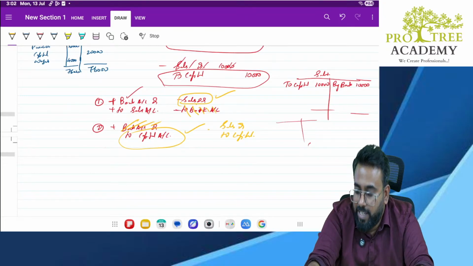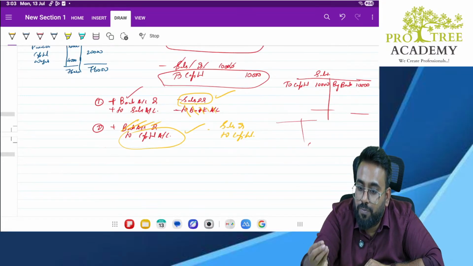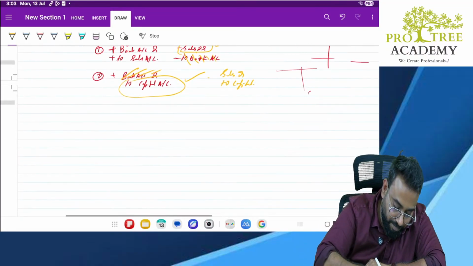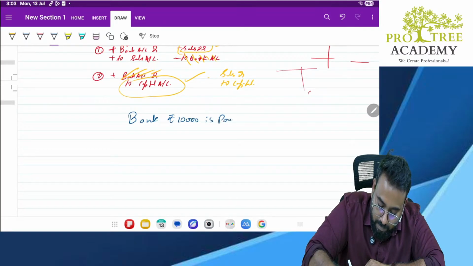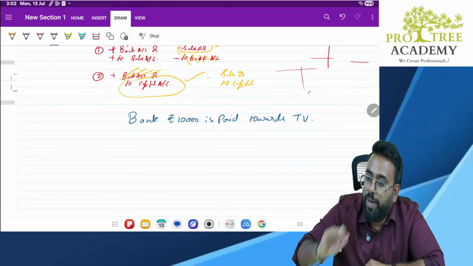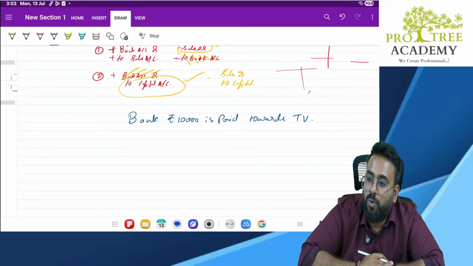In other words, say for example, I purchased a fixed asset worth 10,000 from the bank. Clear? Last year, I omitted recording the transaction. I didn't record it at all. Now what will happen?